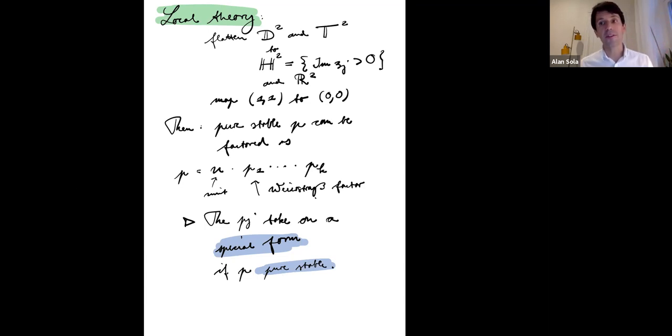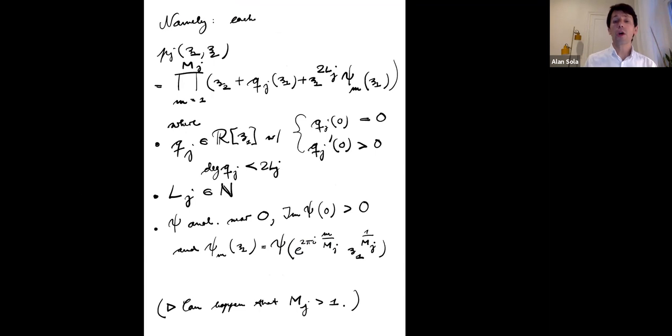This is going to be the technical slide of this talk, but we're going to walk through it slowly. Each one of these Pj factors can be written in the following form. It's a product over little m from 1 to capital M of z2 plus Qj of z1 plus z1 to some power 2Lj times a function psi sub m.